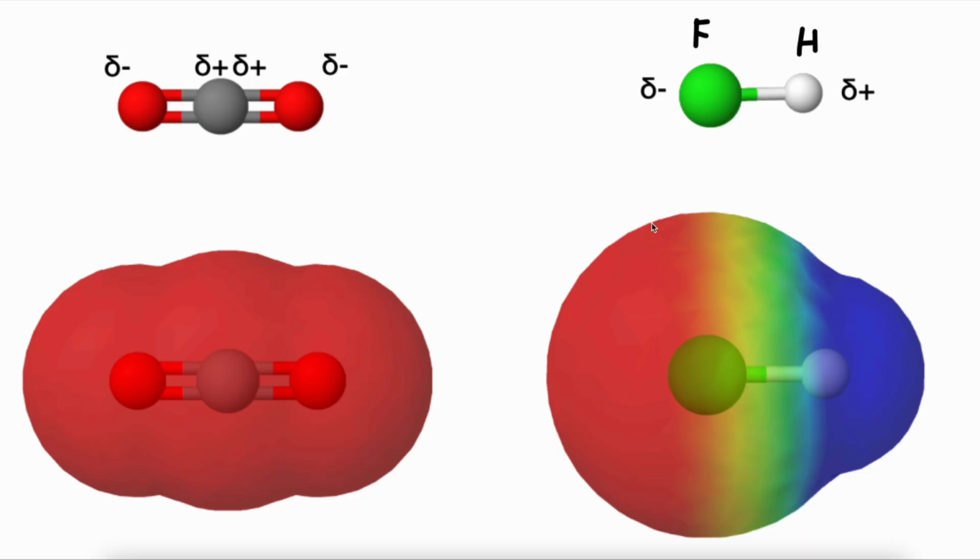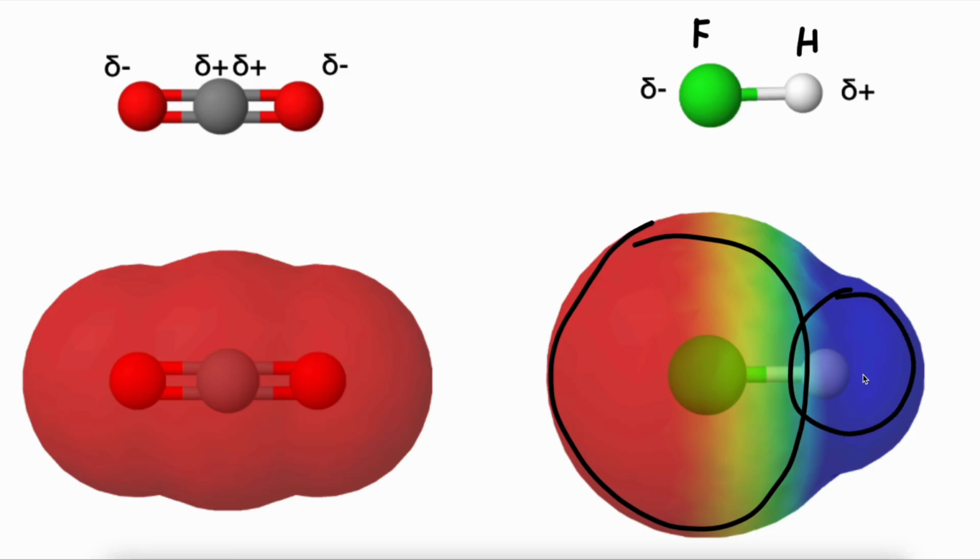We can see that the bigger fluorine atom is bigger because it has more electrons than the smaller hydrogen atom, which has less electrons. Again, this is why the fluorine will have the partial negative charge and the hydrogen will have the partial positive charge.